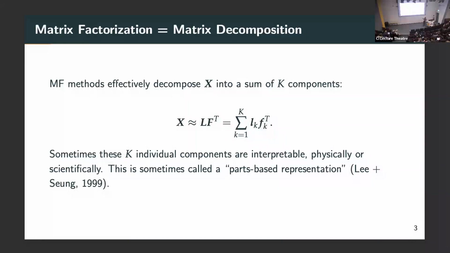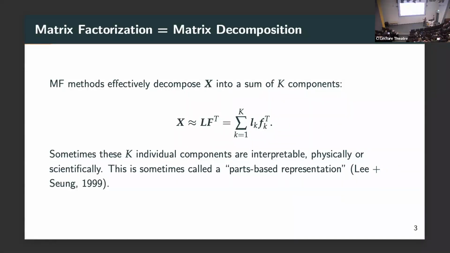But for now, let's go back to this decomposition, a sum of k things. Sometimes these k things are interpretable, either scientifically or physically. If they are interpretable, then you've decomposed X into a sum of k interpretable parts.